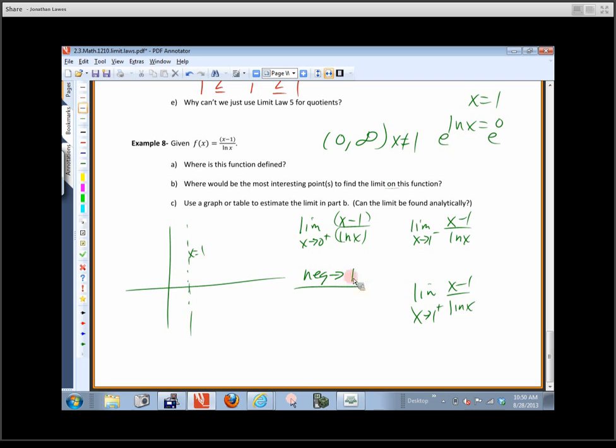Remember how you separate those? What happens when you plug in a really small positive number into ln? You get a positive or negative number? That's what ln looks like. If you plug in a really small number, you get a negative number that's really huge.